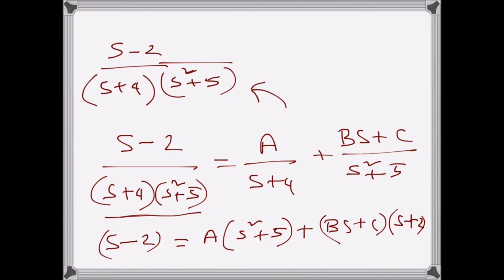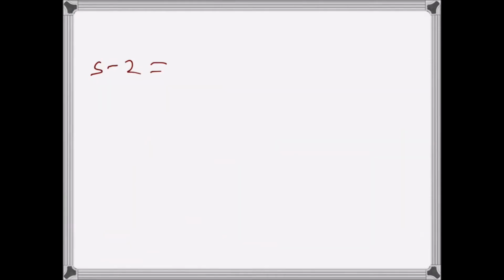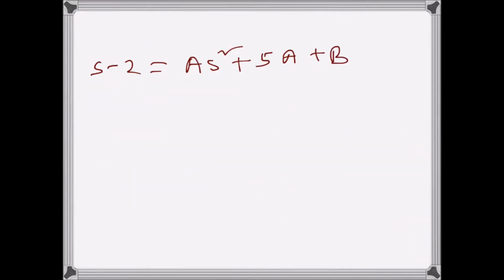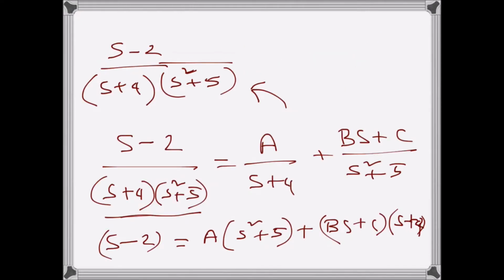Getting rid of the brackets, it is A s square plus 5A plus B s square plus 4Bs plus Cs plus 4C.